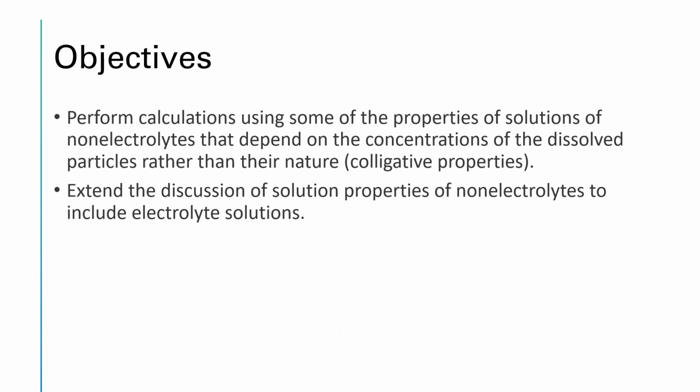So in this section, we are looking at colligative properties, which are properties that depend on the concentrations of our dissolved particles. And we had vapor pressure lowering. You do need to know that vapor pressure decreases as solute particles are dissolved.